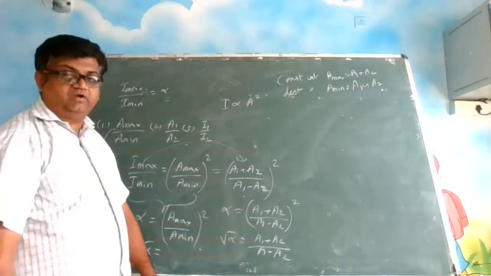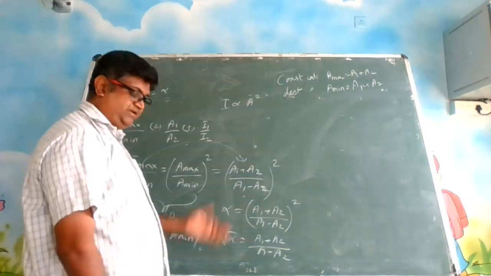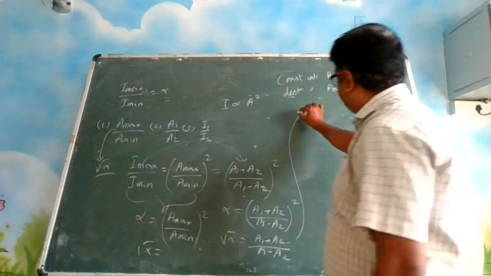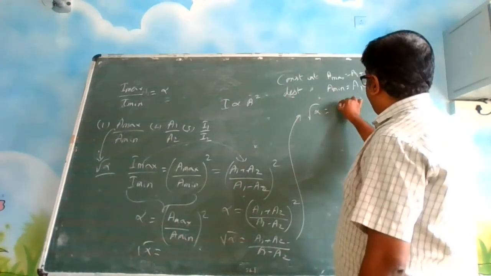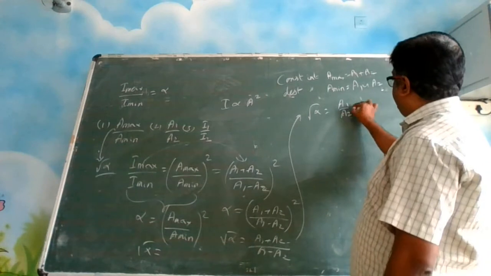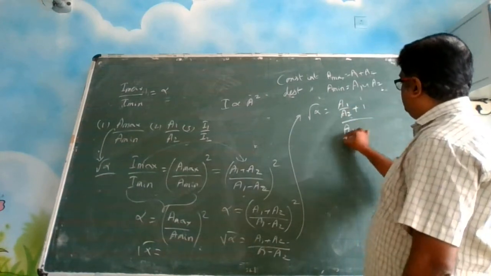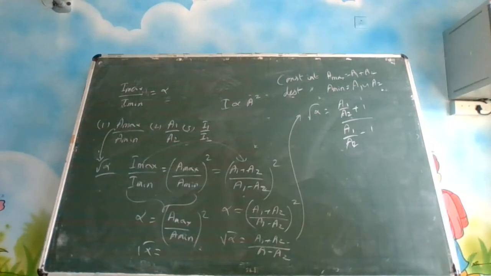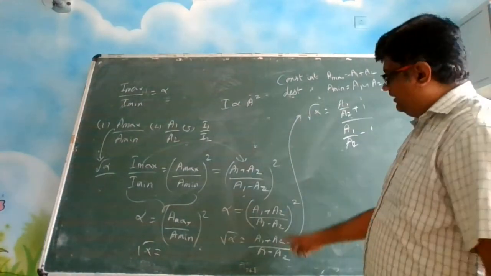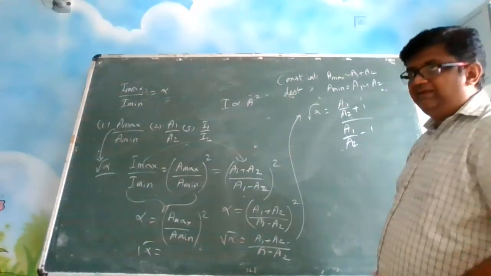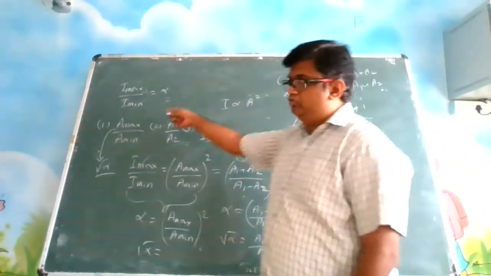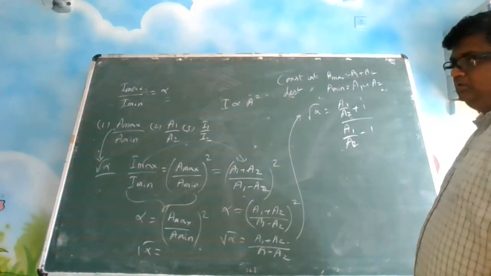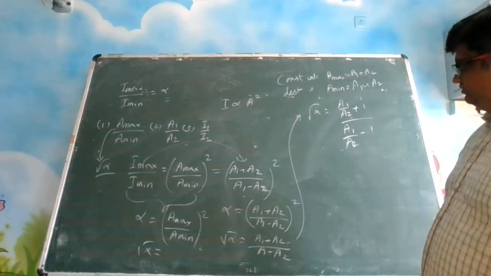Divide numerator and denominator by A2, because we want A1 by A2. So this becomes root alpha is equal to A1 by A2 plus 1 over A1 by A2 minus 1. What I have done? Numerator denominator I have divided by A2. अगर A2 by A1 पूछा होता तो मुझे A1 से डिवाइड करना पड़ता. These are simple mathematics. You can do whichever way you wish.